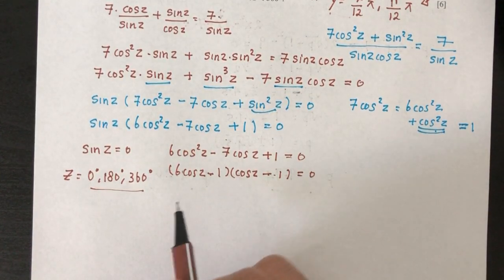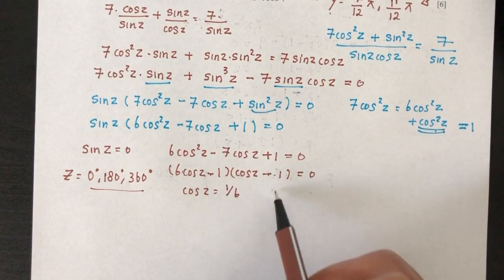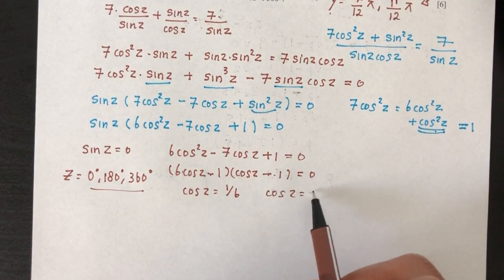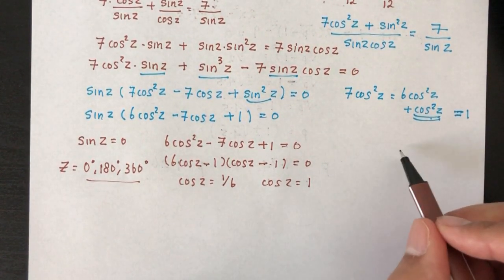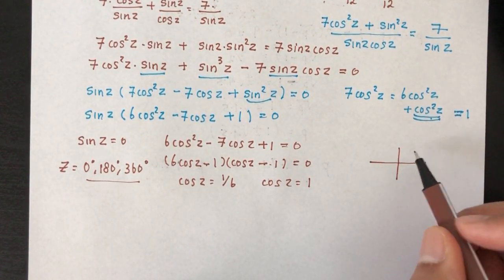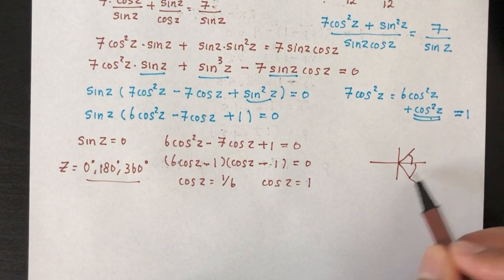Now for this one, let's check. You will have cos z is 1 over 6 and cos z is equal to 1. So both are positive values. If cos is positive, you know that it is in the first quadrant and also in the fourth quadrant.